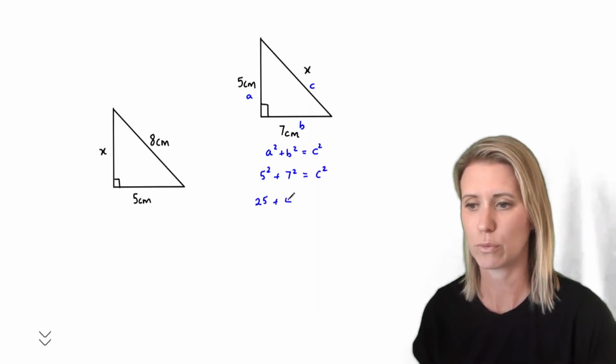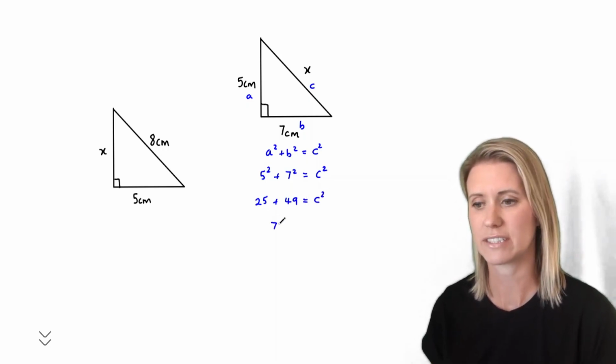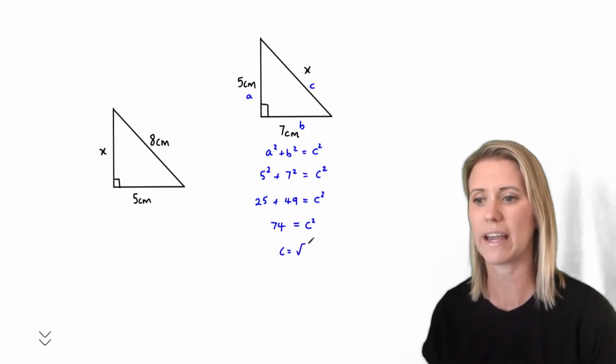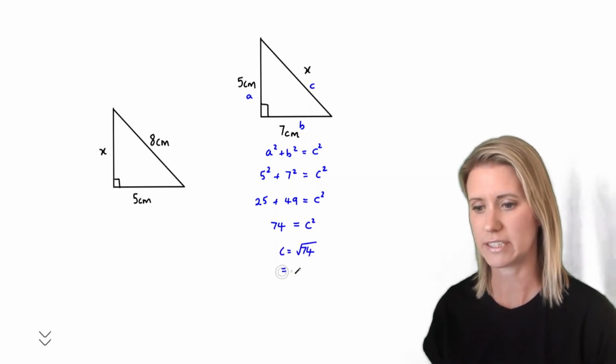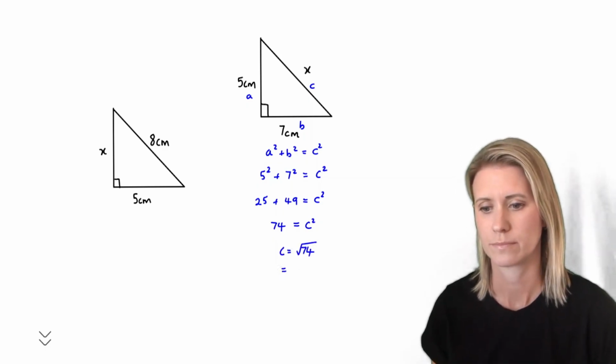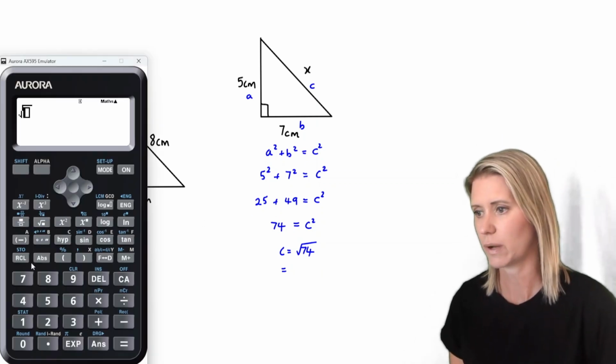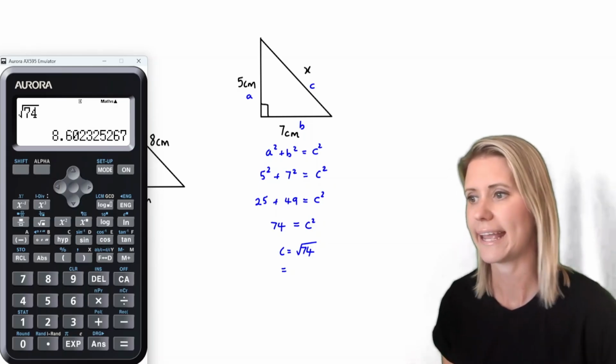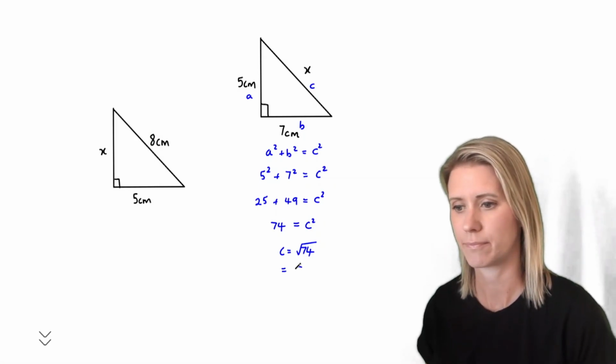We're adding it to 49 to give us C squared. So in total, that's 74. Is C squared. So C would be the square root of the 74. And the square root of 74 is equal to 8.6.